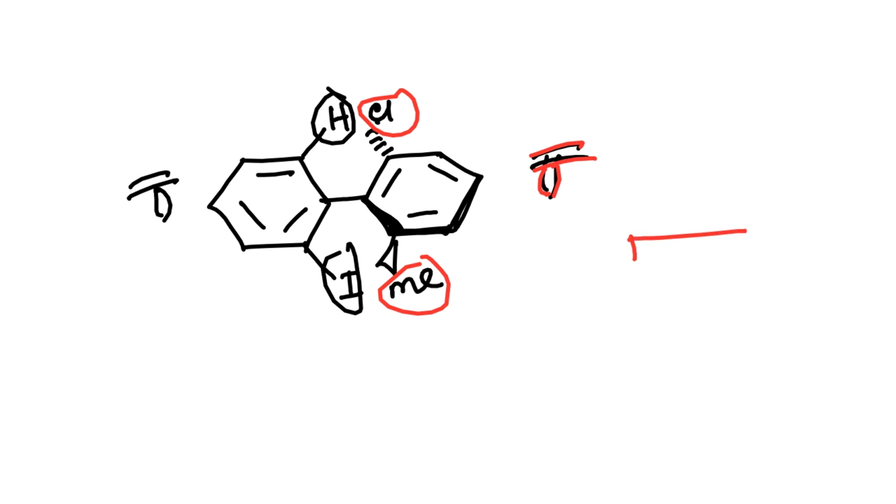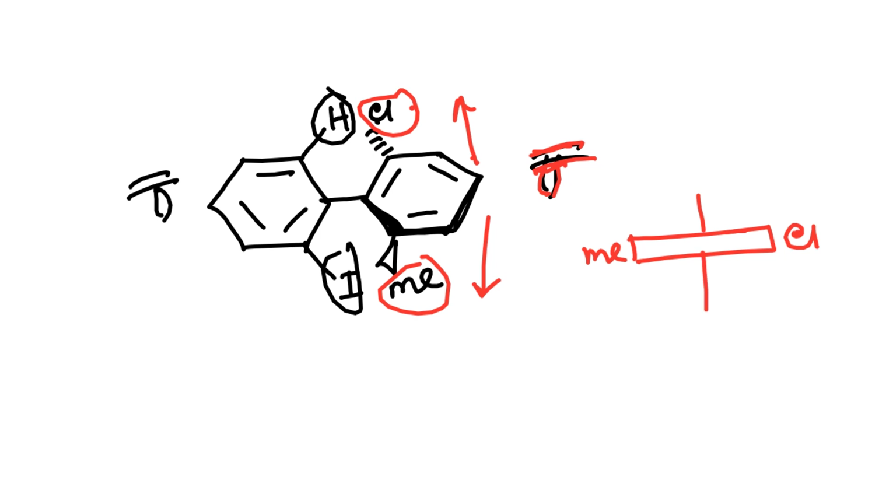So we just put a thick line like this. Now we are looking at the molecule from here. On our right hand side we have chlorine, so we put chlorine on our right hand side. On our left hand side we have methyl, so we put methyl over here.